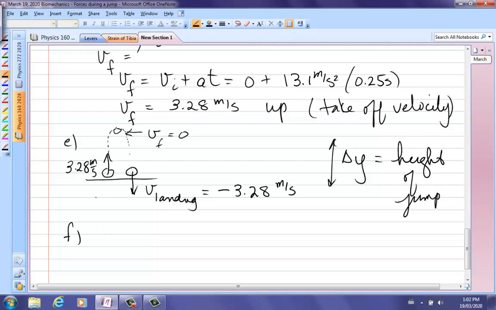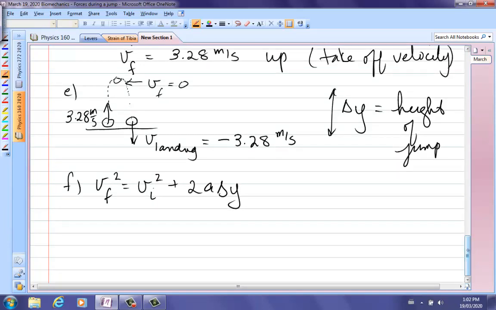Okay, so once again, the kinematics for this is a very common kinematic equation that we use for these jumping questions. We have Vf squared is Vi squared plus 2a delta y. Remember, this is just free fall, so we know the acceleration is negative 9.8. And so the height of the jump would be Vf squared minus Vi squared over 2 times the acceleration.